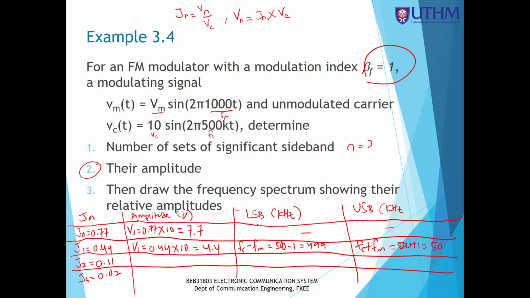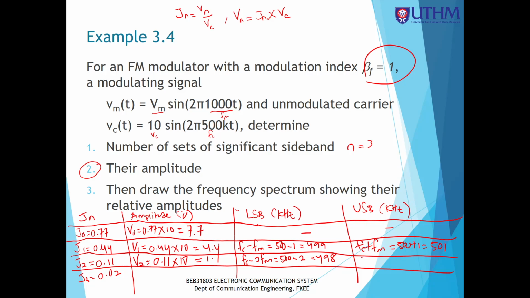so we get 501 kilohertz. Okay, for the second sideband, the amplitude V2 is equal to 0.11 multiplied with 10, so we're going to get 1.1 volt. The second sideband is located at Fc minus 2Fm, which is equal to 500 minus 2 kilohertz, which is 498.